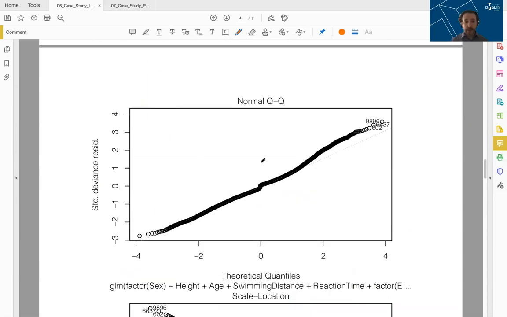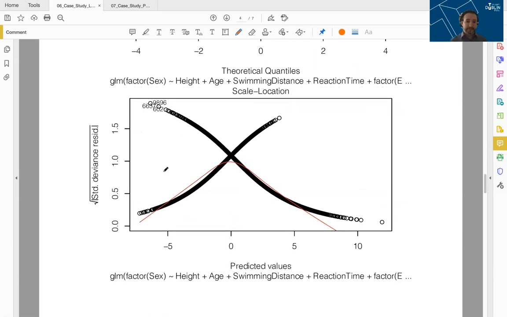Similarly here, our QQ plot, which is standard deviation of residuals against quantiles. Now here it does deviate in the tail end, but not hugely. Once again, I wouldn't worry a lot about it, but it's good to have a look at it. Square root of standard deviation of residuals should have this X shape, and it does.